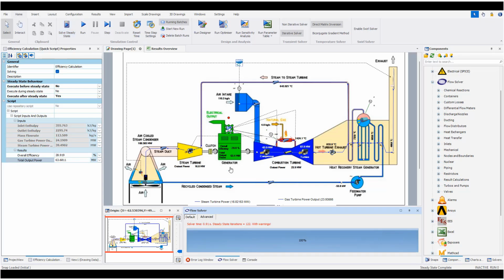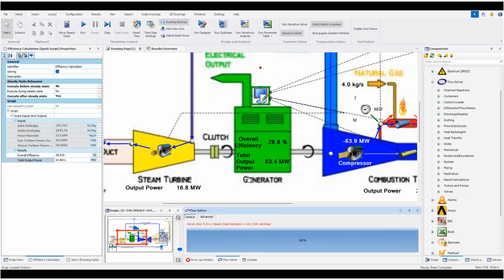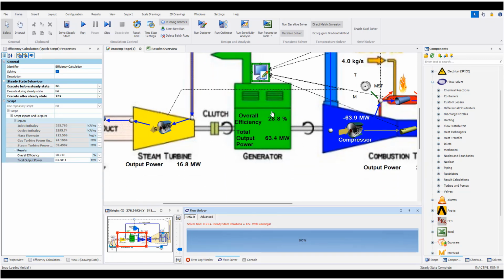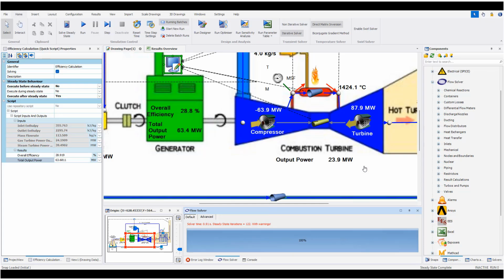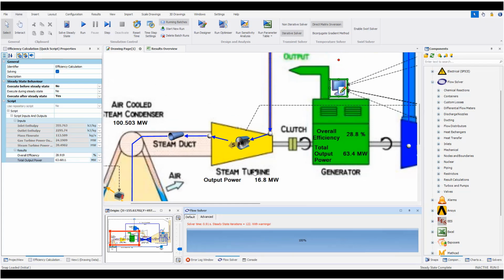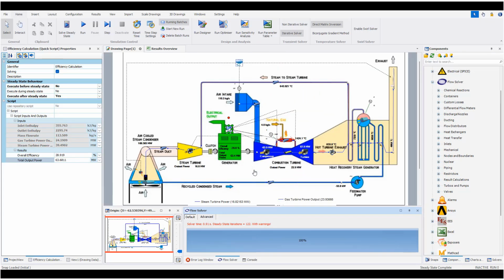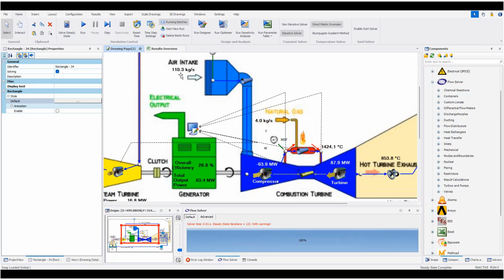You can see that now we have calculation for the overall efficiency and for the total power, and we have information also about the output power from the gas turbine and how much is from the steam turbine, and also some calculations, for example for the air intake, as you can see how much it is.